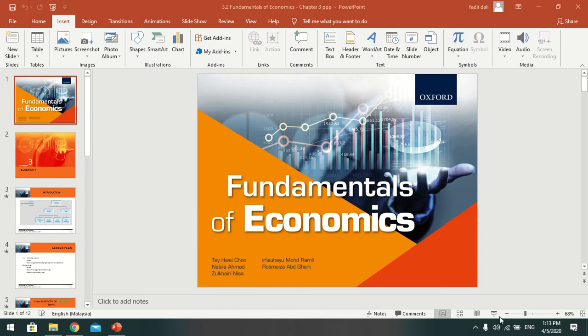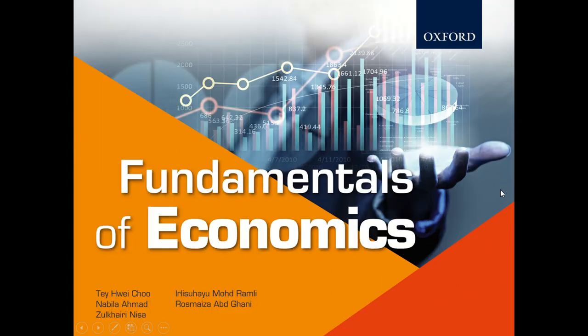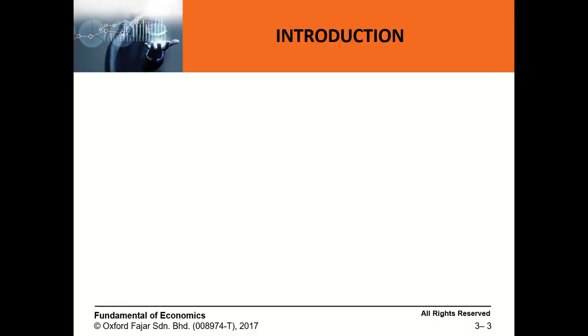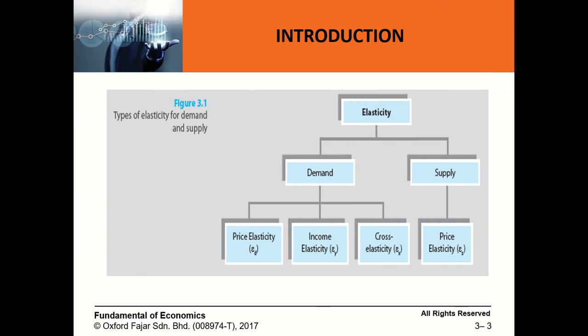So today we will continue our discussion on elasticity. In our last class, I mentioned the first one, price elasticity of demand, and the second one, income elasticity of demand.